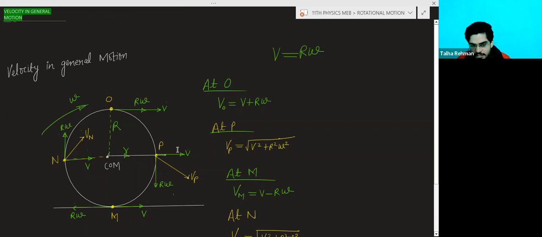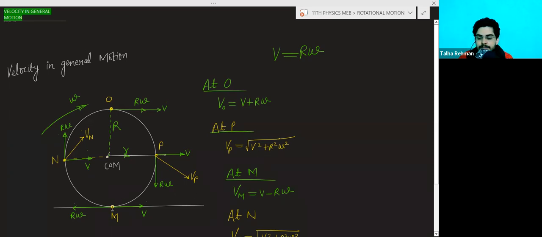So the angle between this velocity v and r omega is 90 degrees. Now, two vectors are at a 90 degree angle, then we will apply the vector law. Velocity at point P will be the vector summation of this and this, that will be the square root of v square plus r omega square.